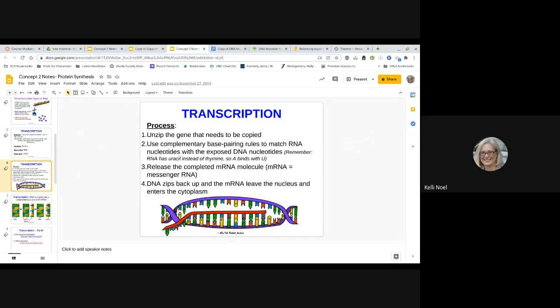And then 4, the DNA zips back up, and the mRNA, in that blank, leaves the nucleus and enters the cytoplasm. So all that's happening in transcription is this messenger RNA is getting built, and it's a copy of what's in the DNA using these complementary base pairs. So that is transcription.